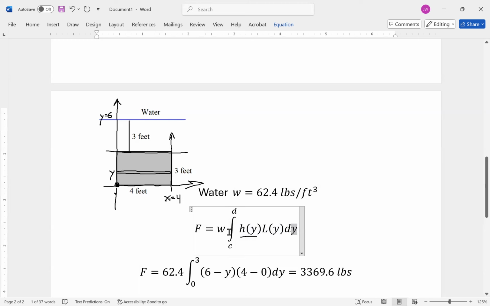So feet times feet times feet times weight density, which is 62.4 pounds per cubic feet. The feet all cancel each other out, and you just get 3,369.6 pounds.